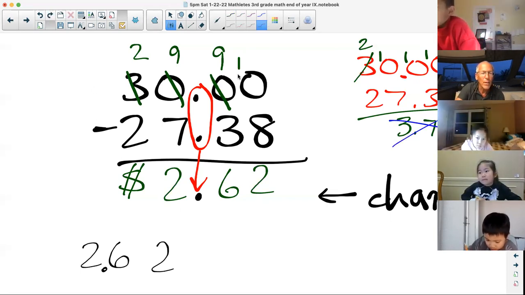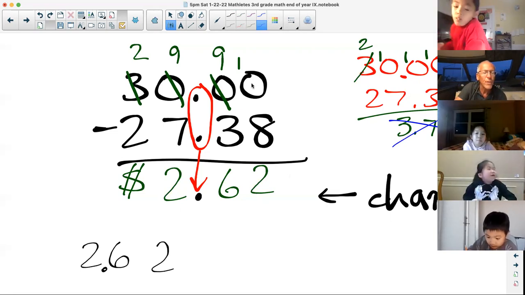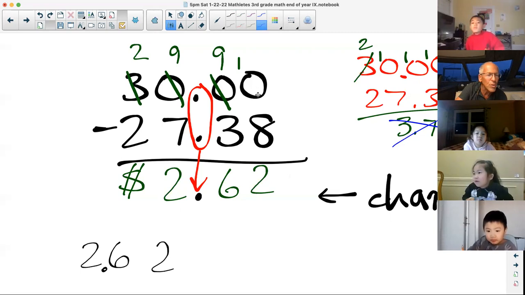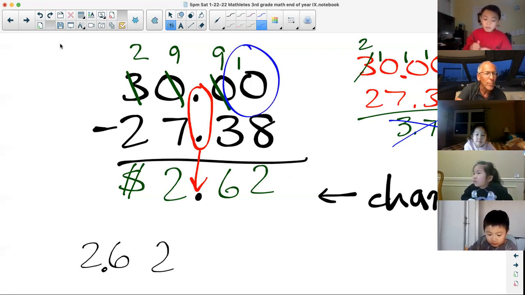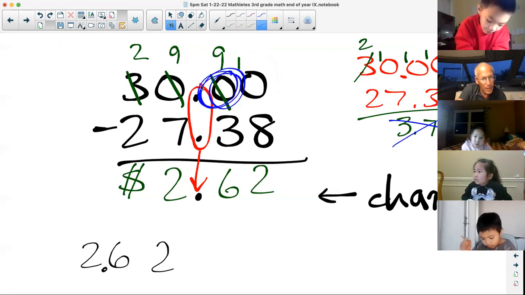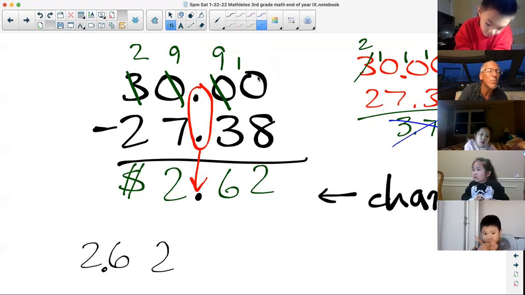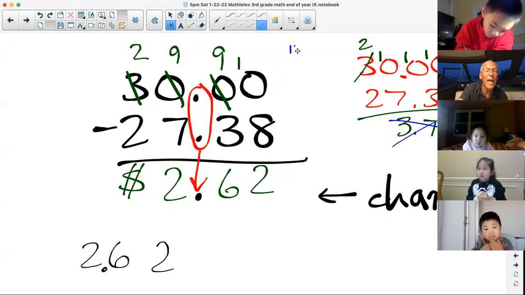Look up, everybody. Look up, Jason F. If 0 is too small for 8, we make it a 10. But the only way to do that, Eleanor, is to borrow this one from where? 0. And the 0 is really a 10. 10 minus 1 is 9.